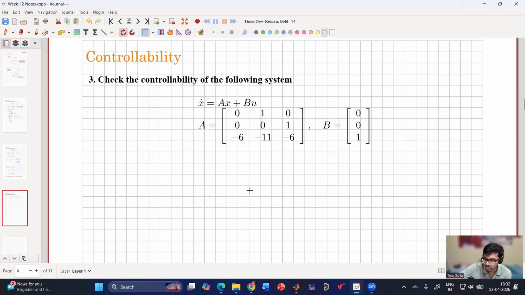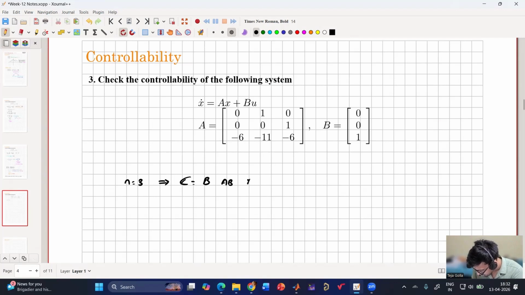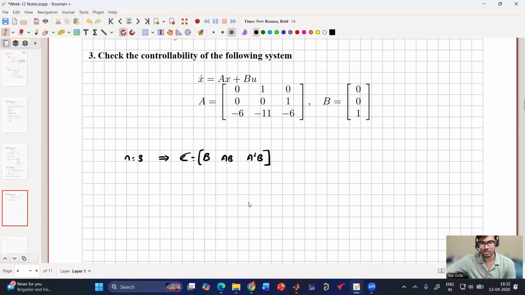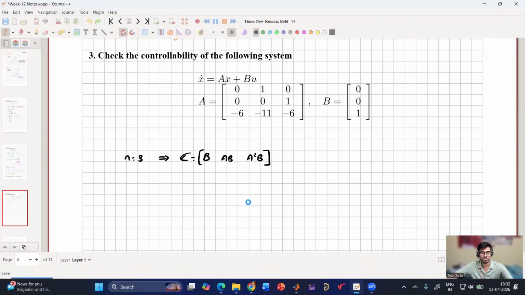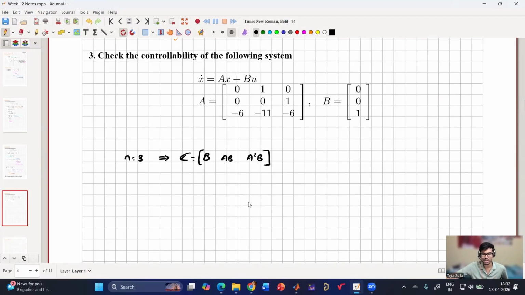So now n is equal to 3, which means my controllability matrix will become B, AB, A square B. To avoid the math, because that will unnecessarily waste our time, we could instead spend time on solving more problems and discussing more theory. So I will not solve B, AB, A square B individually, because that will unnecessarily consume time.